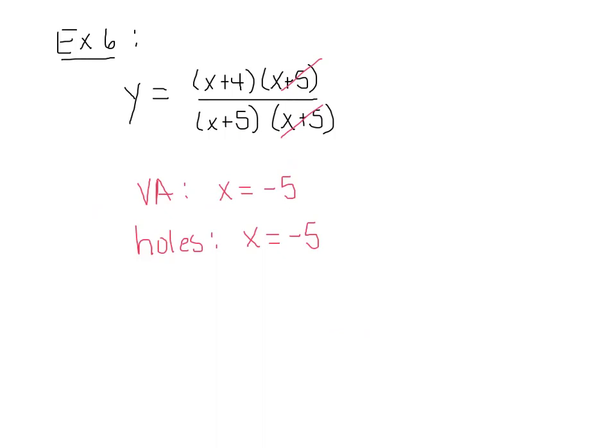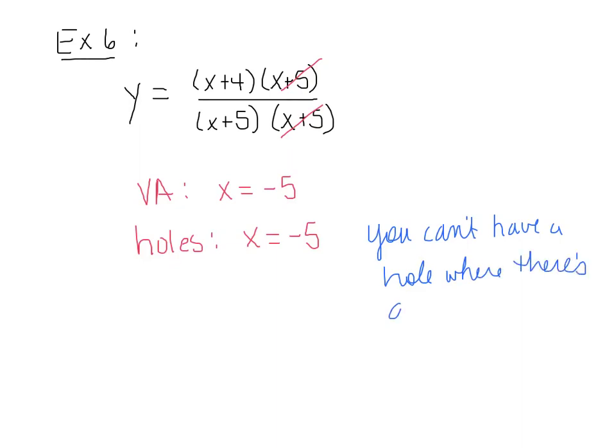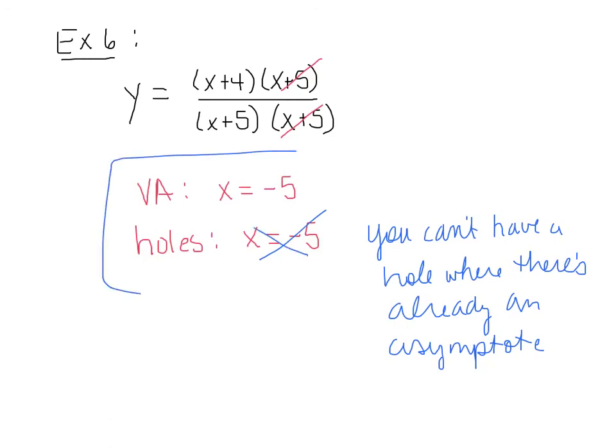So you can't have a hole where there's already an asymptote. So you're going to still have an asymptote, but the hole you just won't have. Okay? So there's your answer.